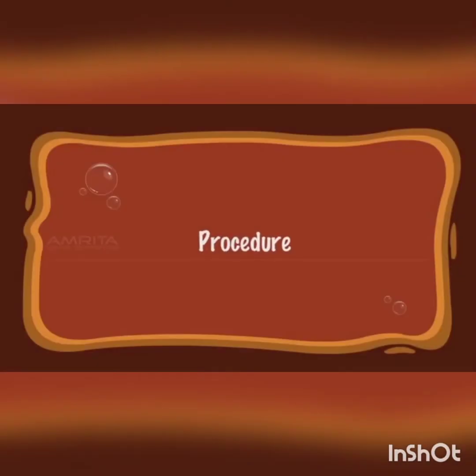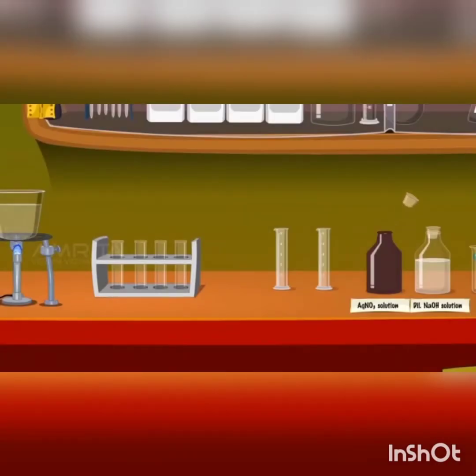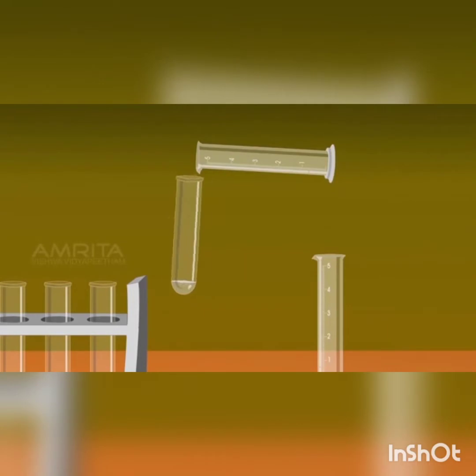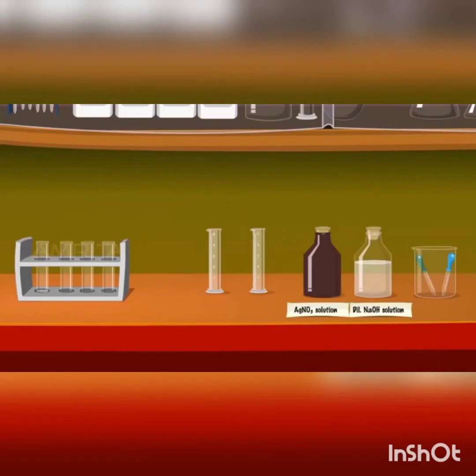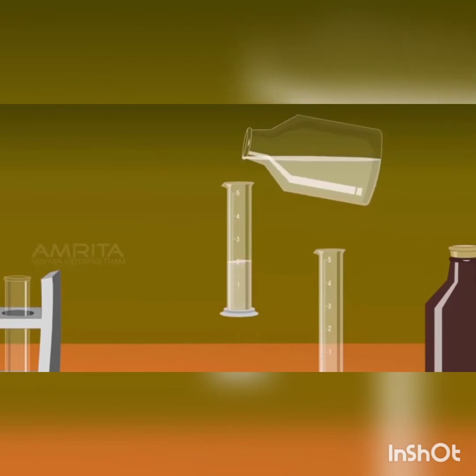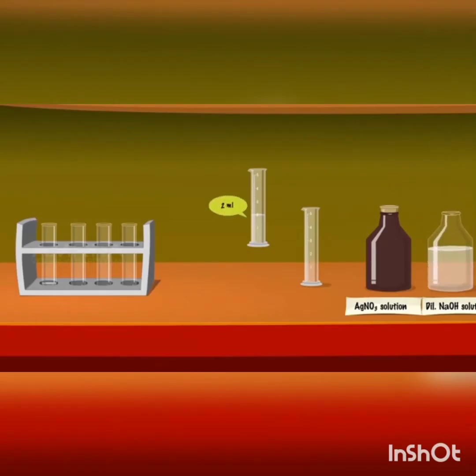Tollens test. Procedure. Take 1 ml of silver nitrate solution in a test tube. Pour it into a clean test tube. Take another measuring cylinder. Take 2 ml of dilute NaOH solution in it.